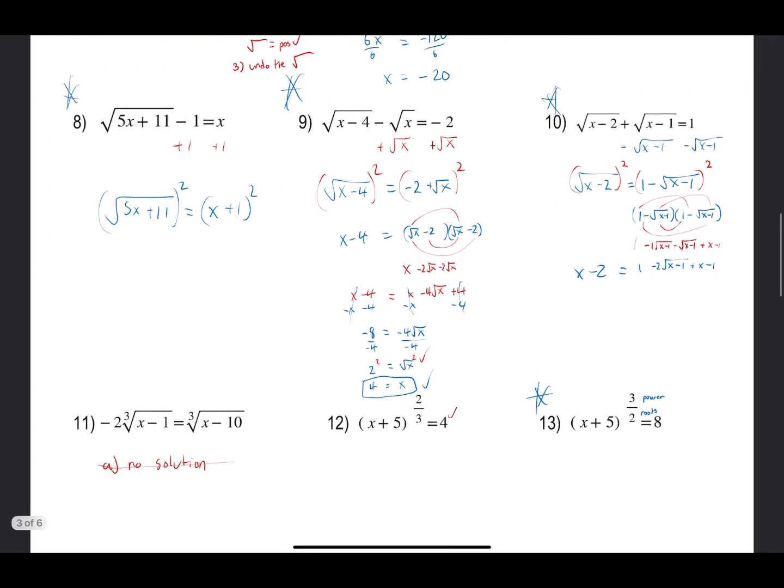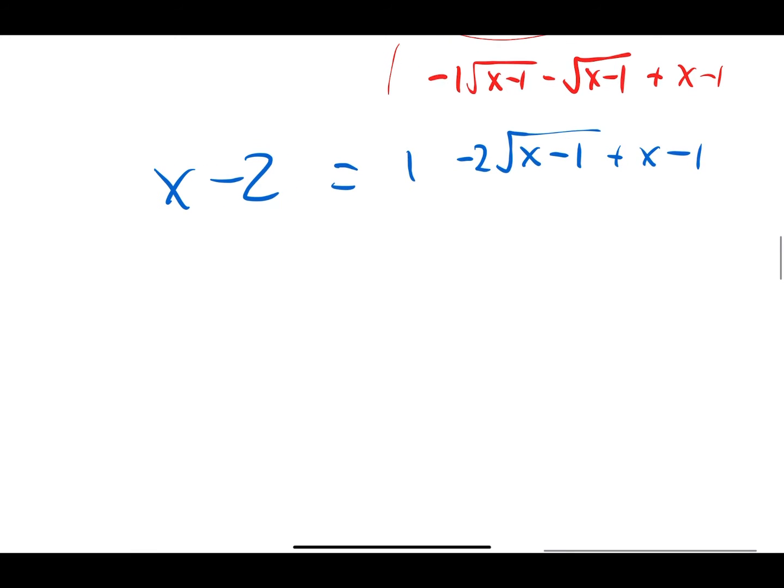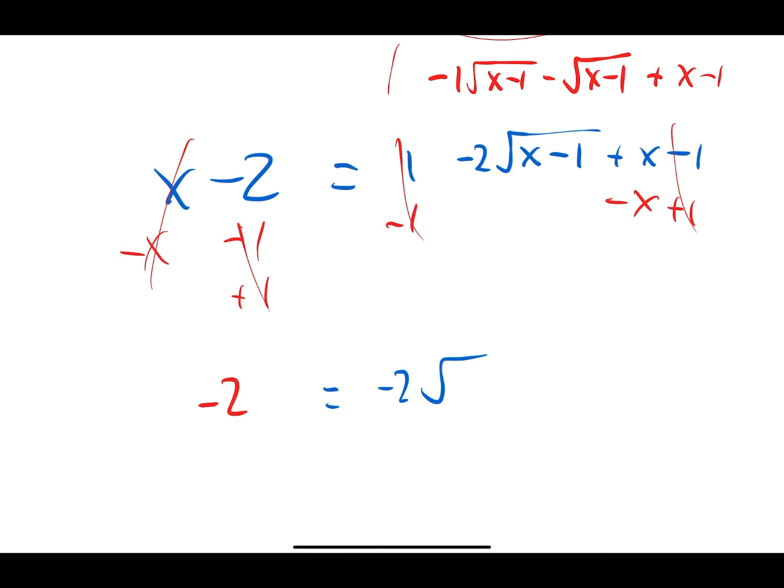Number 10. Same way. Isolate the square root of x minus 1. Minus 1, minus 1. Plus 1, plus 1. In other words, they cancel. And then minus x, minus x. So the x's are gone, leaving negative 2 equals negative 2 square root of x minus 1.